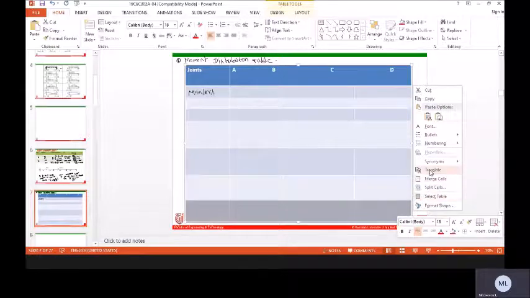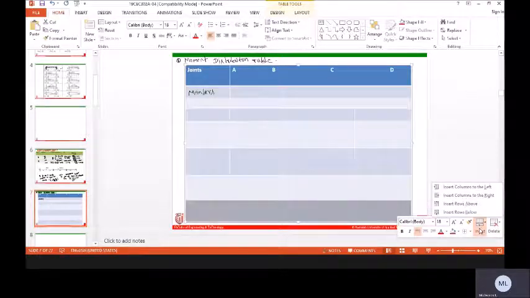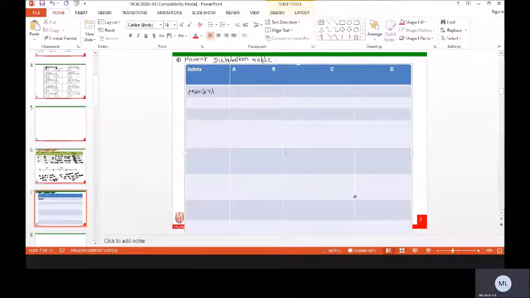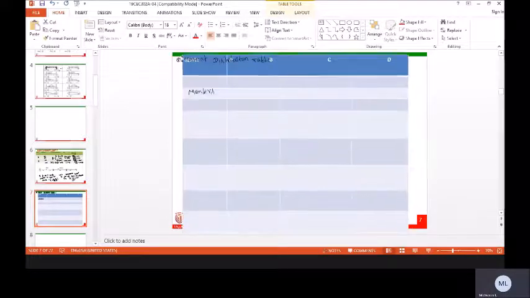Insert row below. Yeah, I added another row.